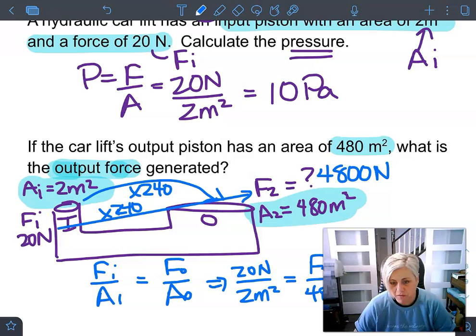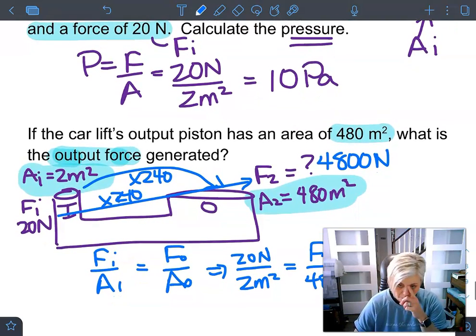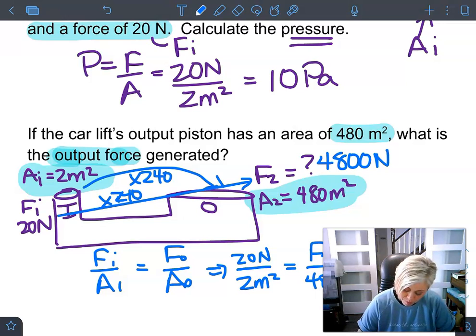How do we solve a nice cross multiplication question now? We take the two that we know, which are 480 and 20. We multiply them, and then we divide by the oddball here, who doesn't have a partner, and is 2.